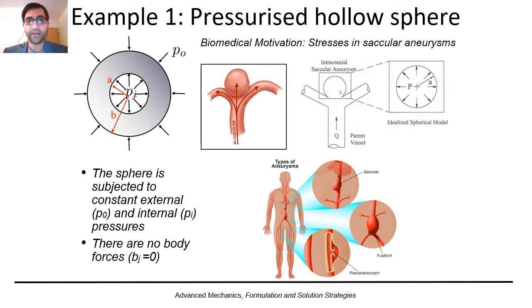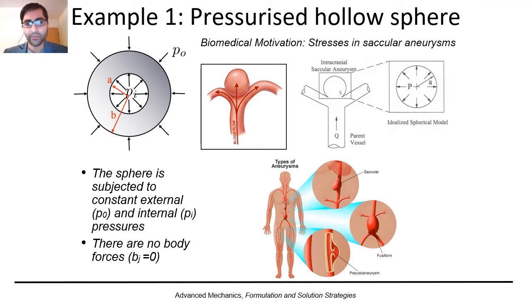But before that, these are some biomedical motivations. We can simplify the model for a stress in saccular aneurysm with a uniform sphere with constant internal and external pressure.